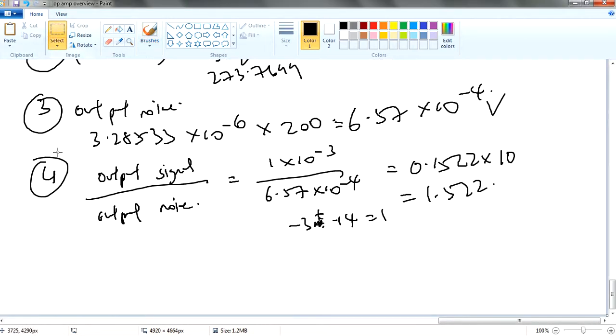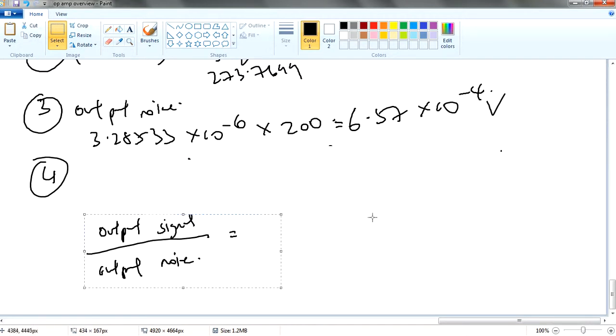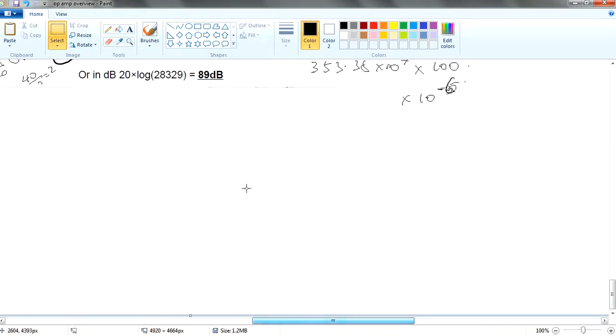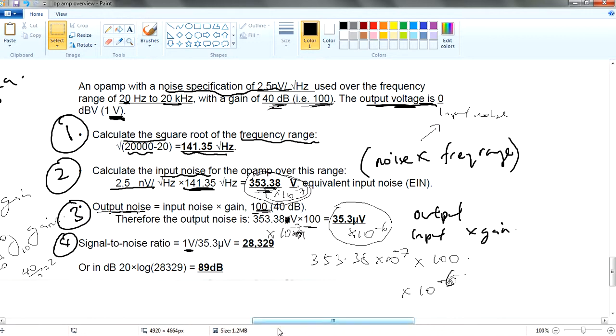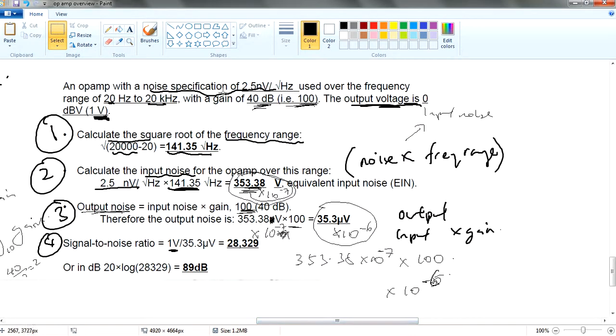Before I go into this step, maybe I should remove all this first. This is a step that this exercise didn't show, because input noise times gain is equal to this one. However, it didn't multiply with the gain of 40 decibels.